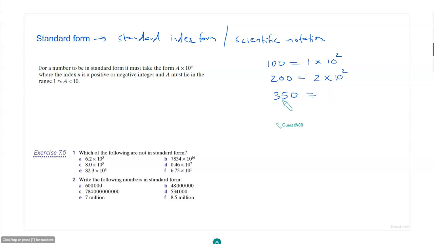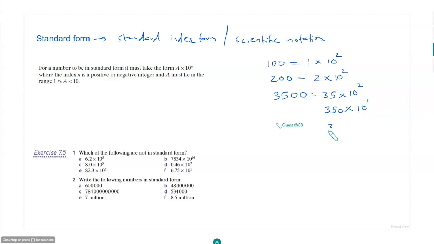See, there are a number of ways to write 350. Or let's say 3500. That's easier. If it's 3500, you can write this as 35 into 10 to the power 2. You can also write this as 350 into 10 to the power 1.